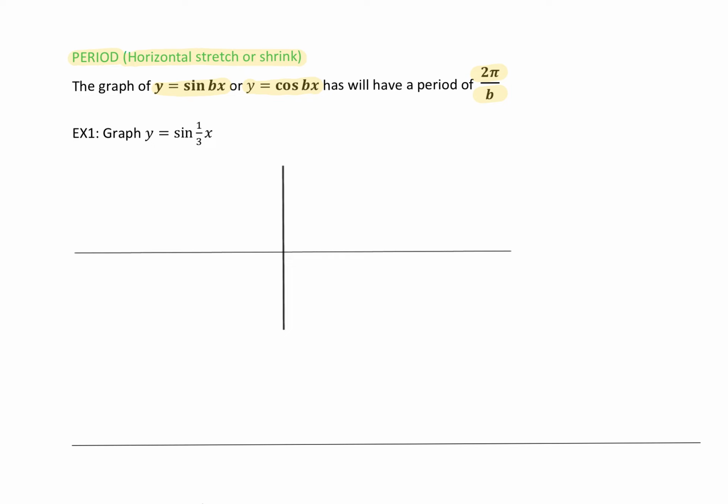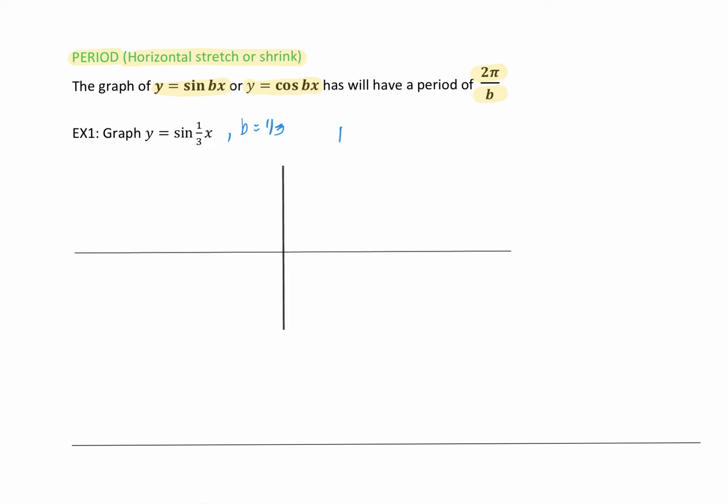In example 1, we want to graph y equal to the sine of 1/3 x. First of all, I notice that I have the 1/3 times x, so I know that that's going to be my b value. And I'm changing my period.